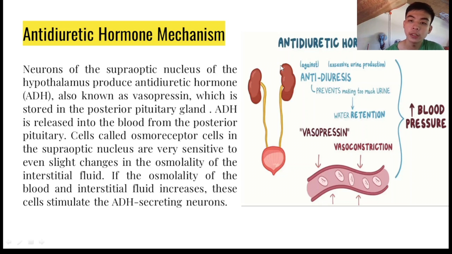As we can see in this illustration, these are the vasopressin, and then the vasoconstriction, and then the blood pressure, and then the antidiuresis, which prevents making too much urine. So this is the water retention.